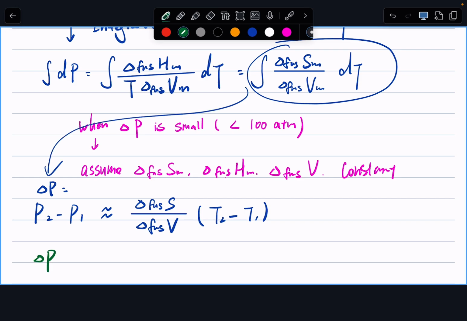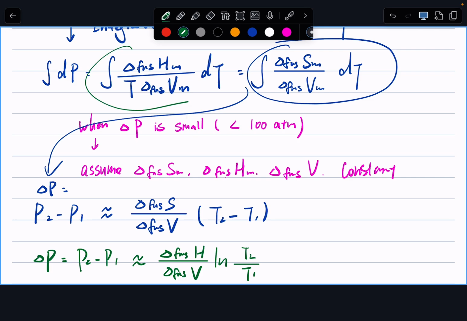Or you have delta P equals P2 minus P1, roughly equal to the delta fusion of H over delta fusion of V and natural log of T2 over T1, which is this one. And that's because we have a temperature on here. I'm just going to write those equations on the board so we can use them for the next question.